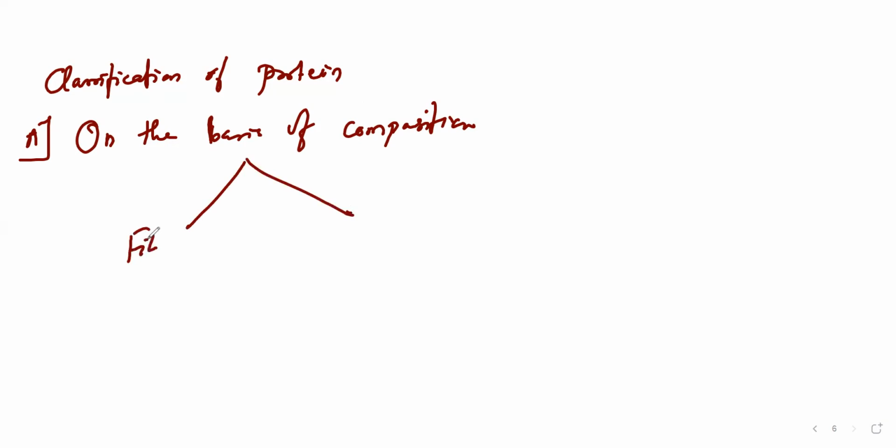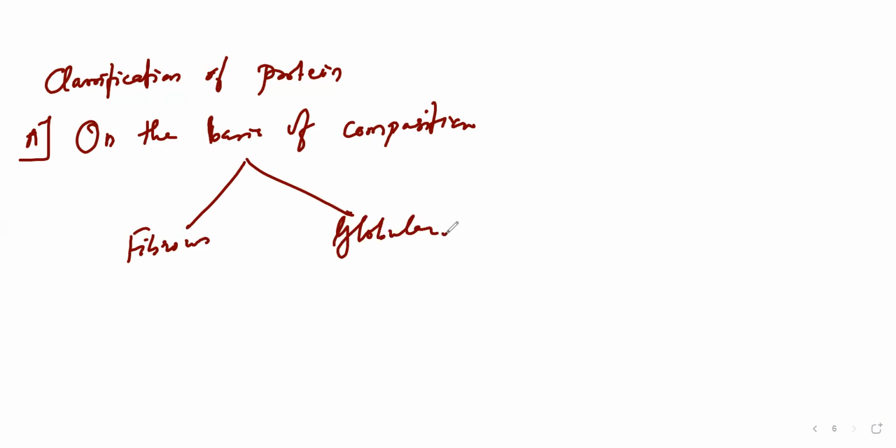So, classification of proteins on the basis of composition. They are generally of two types, that is fibrous and globular.